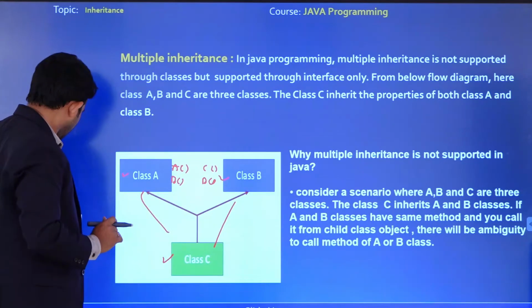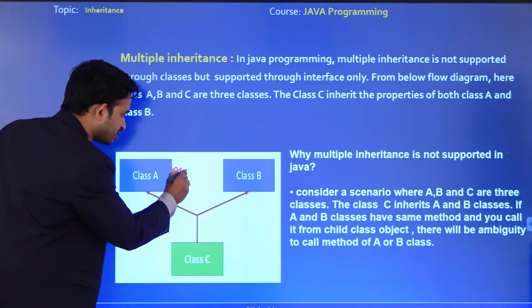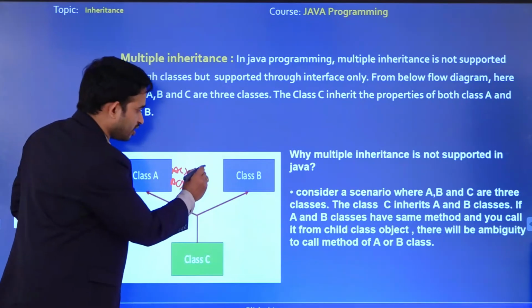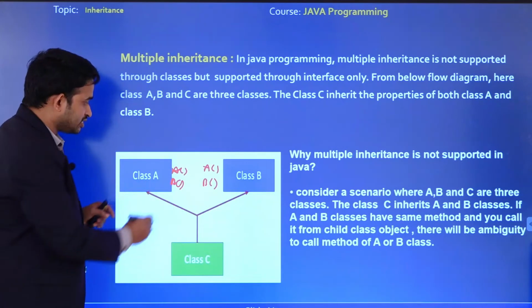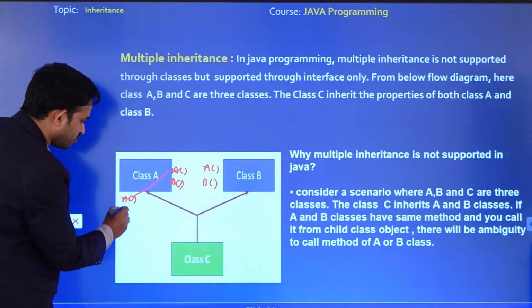For example, if I am following one more concept, if I am declaring A method here, B method here, same methods I am declaring in the class B also, A method, B method. Inside this A method, I am writing one statement, hello. Just assume.